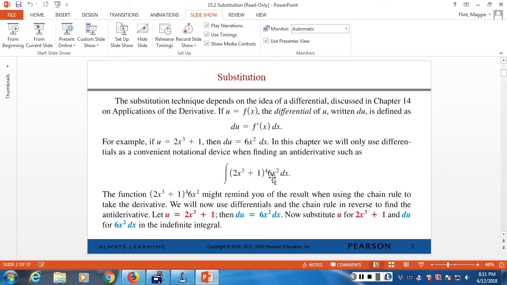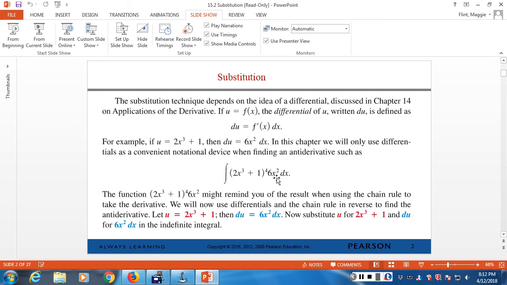If the original problem was a chain rule, then we have to have the derivative of the inside part of the function as part of the final derivative. So what is the derivative of 2x cubed plus 1? 6x squared. So then the question you have to ask yourself is, is 6x squared part of the derivative that I'm trying to anti-differentiate? And in this case, it is.